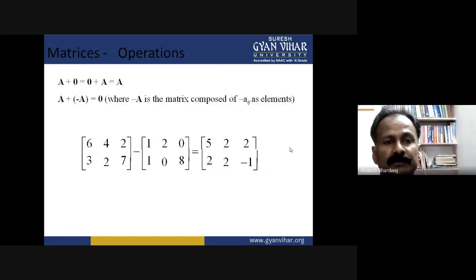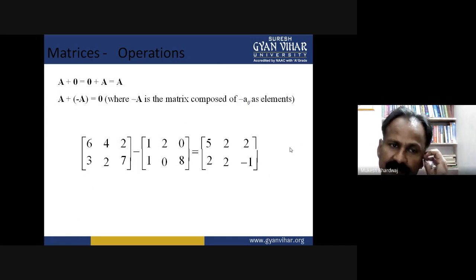Now, A plus 0 is equal to 0 plus A is equal to A, and A plus minus A is equal to 0. Minus A is the matrix composed of minus Aij as elements.